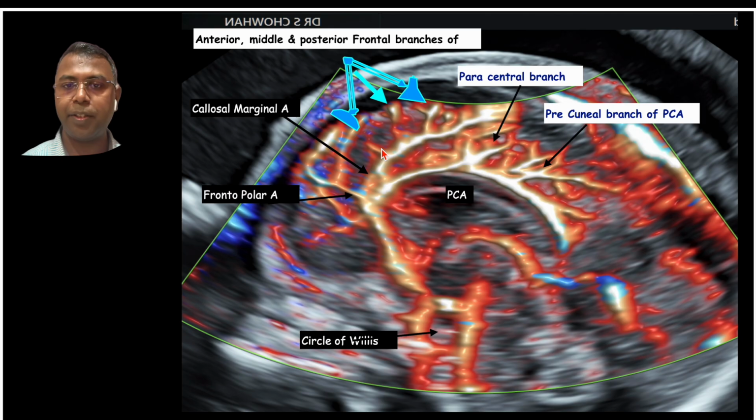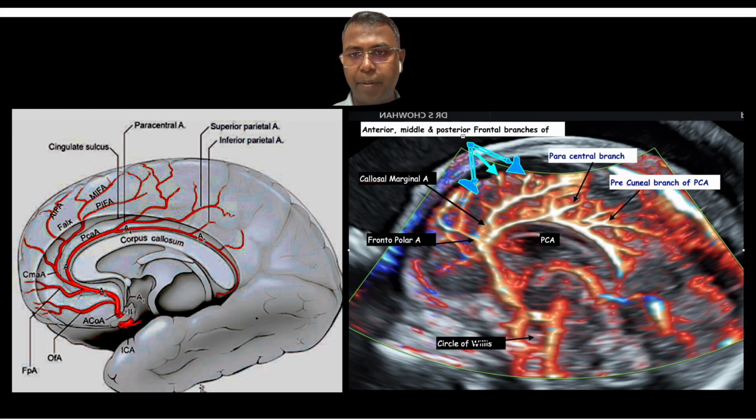In the callosal marginal artery, I have mentioned the anterior, middle and posterior segments of the frontal arteries are there. Here you can see this is the paracentral branch, and this one which is going like this is the precuneal branch of the pericallosal artery.